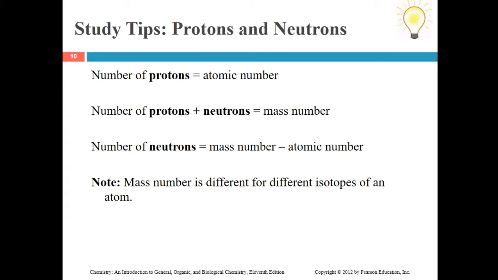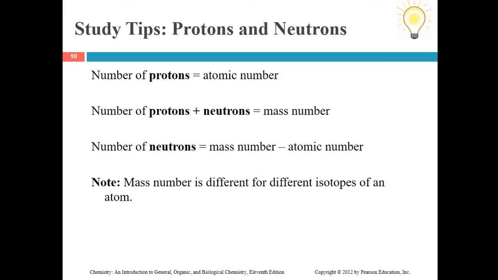And so neutrons are neutral. Neutrons and protons are in the nucleus. So protons plus neutrons is the mass number. So in other words, in order to find out how many neutrons you have to take the mass number minus the proton number, i.e. the atomic number, and you will get the number of neutrons.